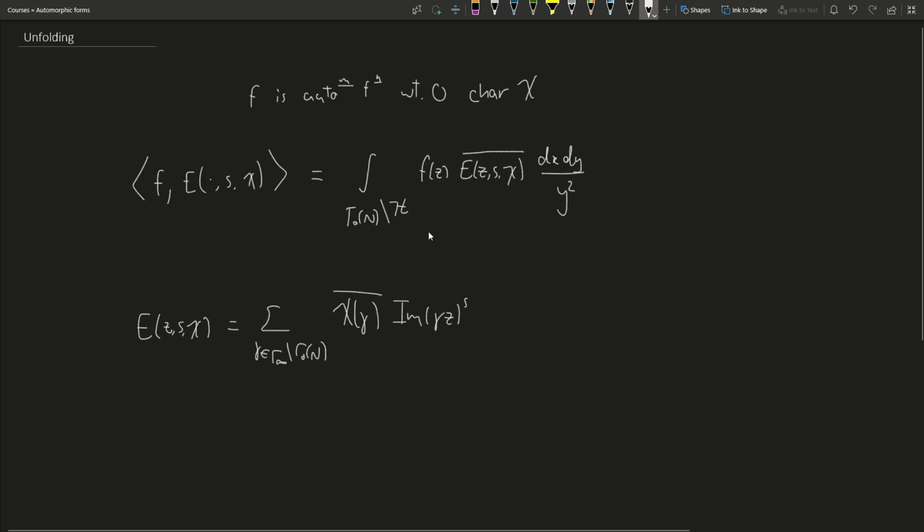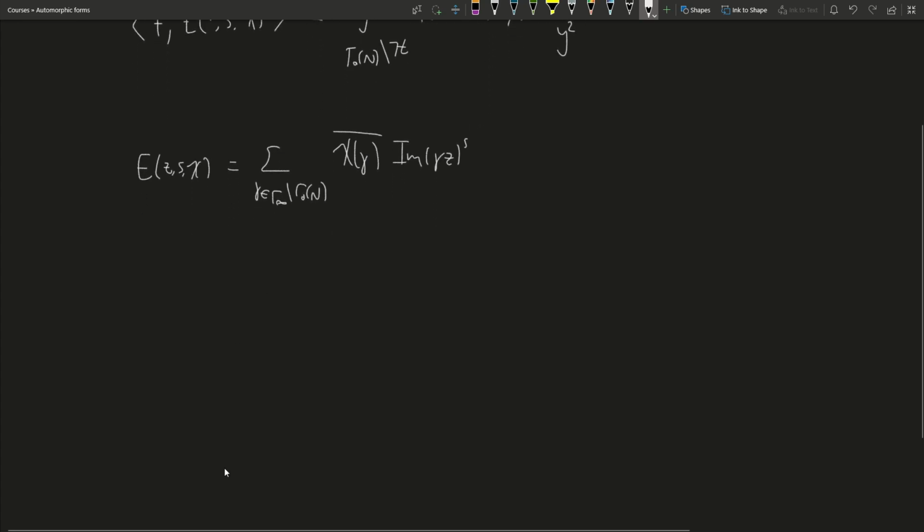So the way that we're going to do this is we're going to start by substituting this into the definition of the inner product.